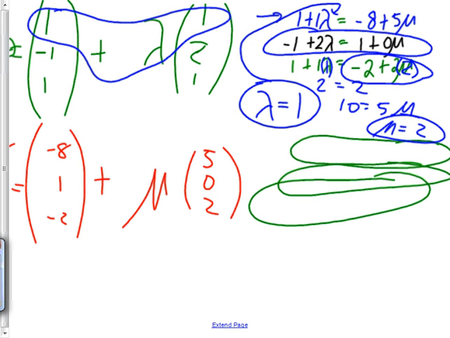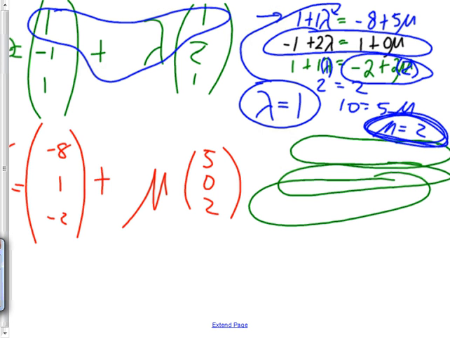Okay, so do these touch? No. Because at time one of them is going to get to the magic place where they cross, and at time 2, the other one is going to get to that magic place where they cross.